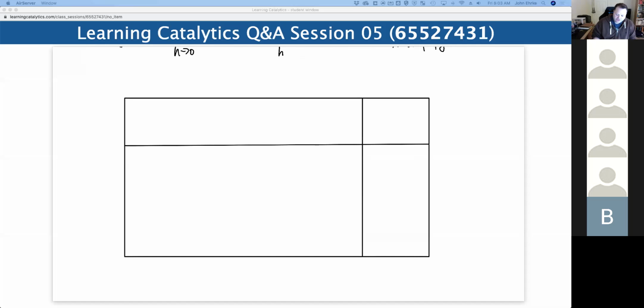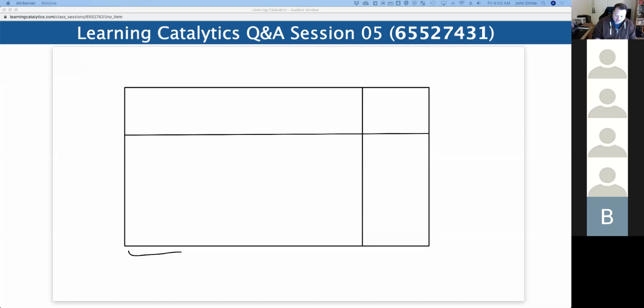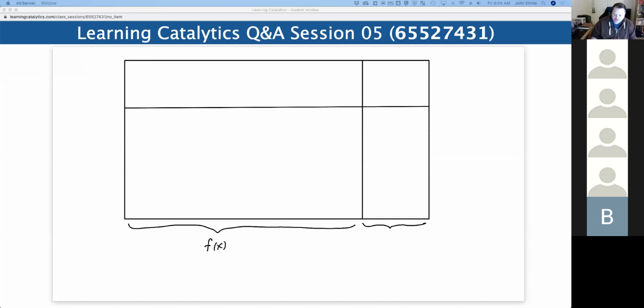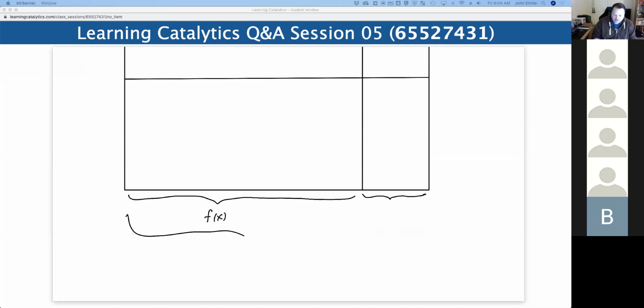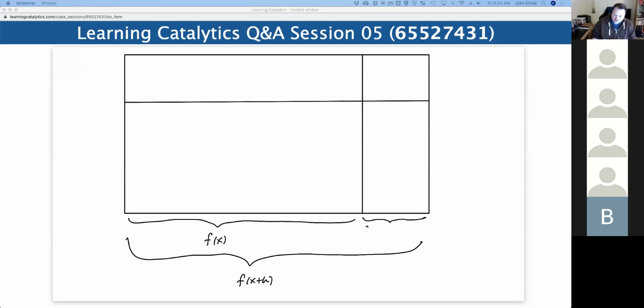Okay, so imagine that the piece here is some quantity which I'll call f of x. Then this represents extending that quantity by a little bit. So if I extend this quantity by a little bit such that now the entire length of the quantity is f of x plus h, then this little piece right here is f of x plus h minus f of x.